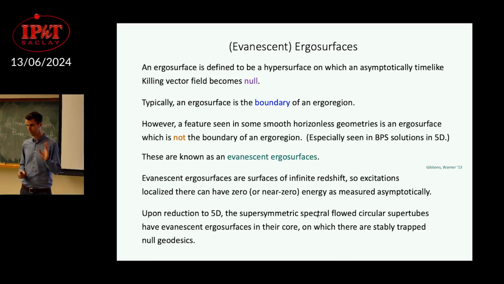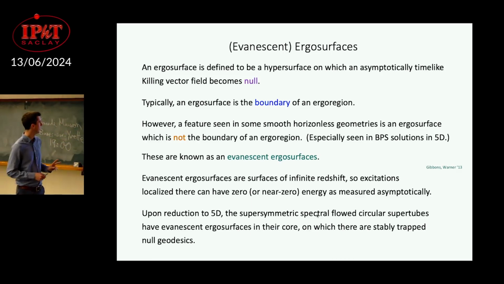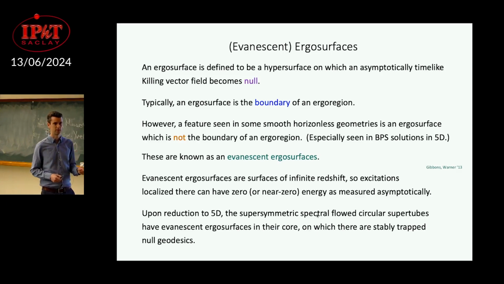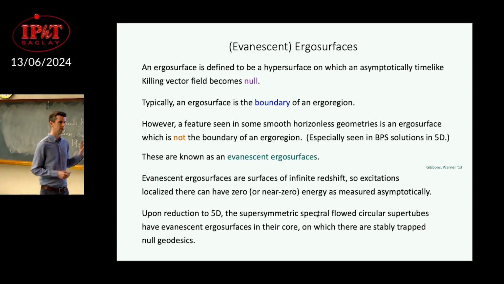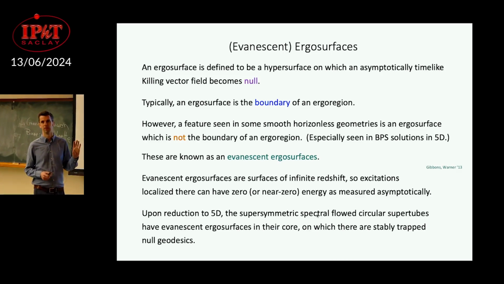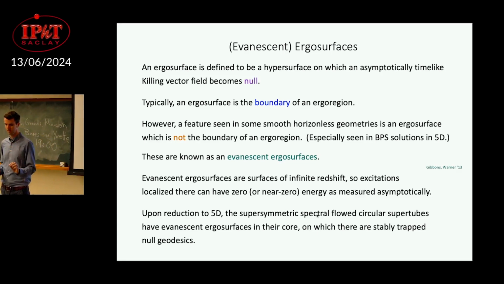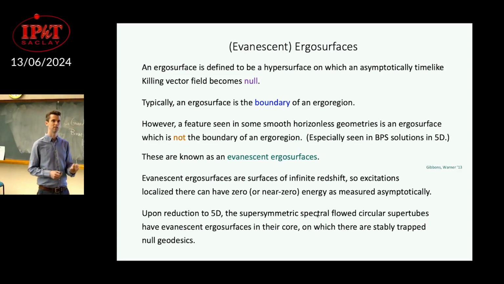My story is mostly in 6 dimensions rather than 5. But if I dimensionally reduce from 6 dimensions to 5 dimensions, the solutions I'm telling you about, the supersymmetric spectral flowed circular supertubes, have evanescent ergo surfaces in the core, moreover on which there are stably trapped null geodesics. This phenomenon of stable trapping was again mentioned on day one. These solutions are a prototype of that phenomenon, where the excitations localized near this evanescent ergo surface are energetically trapped.